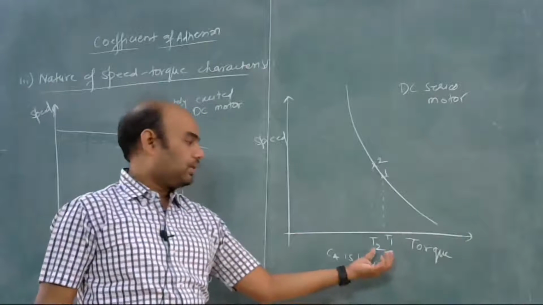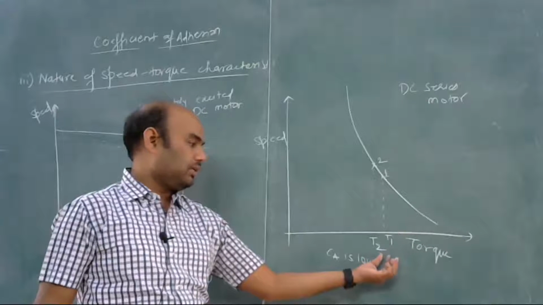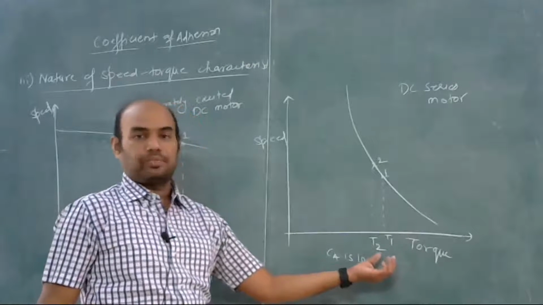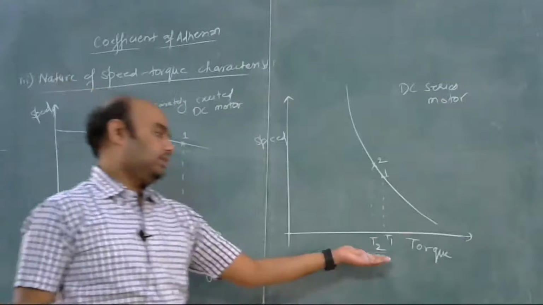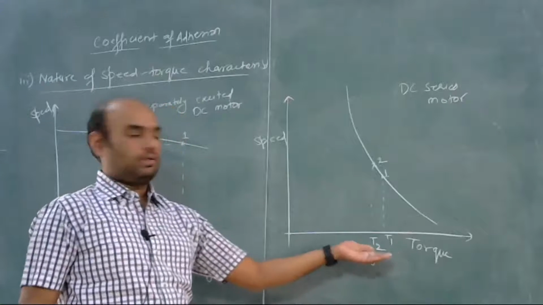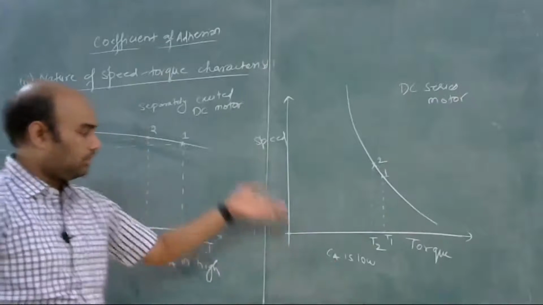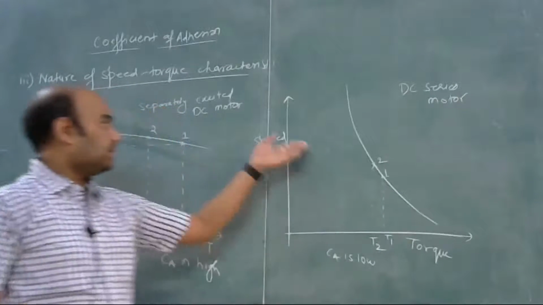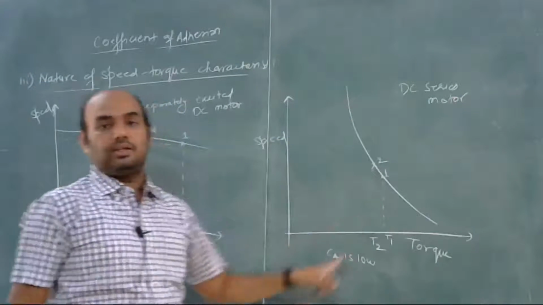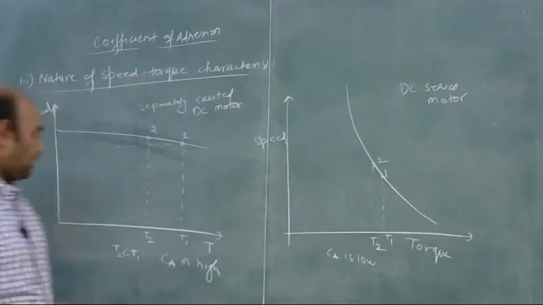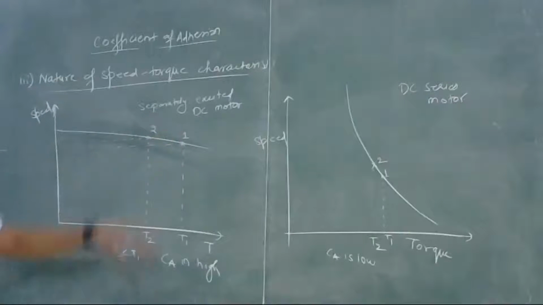Okay, so there will be a low torque change, so there will be low change in force. Okay, so coefficient of adhesion will be less in the case of a DC series motor. Okay, and in the case of a separately excited DC motor, it will be quite high.